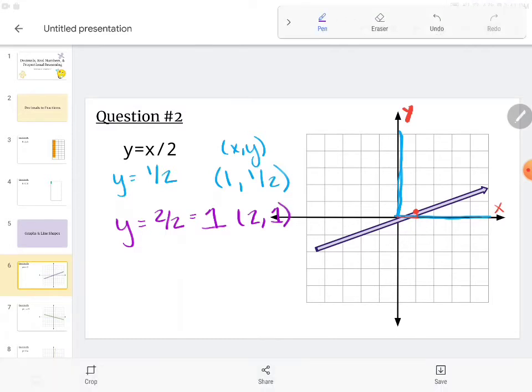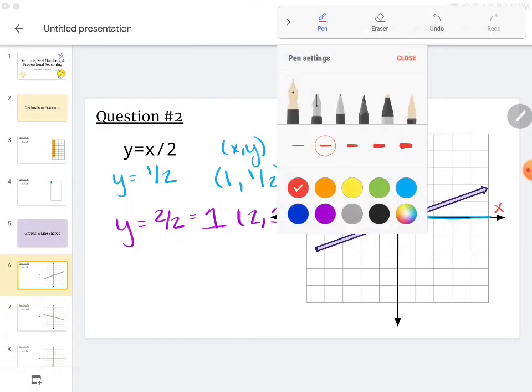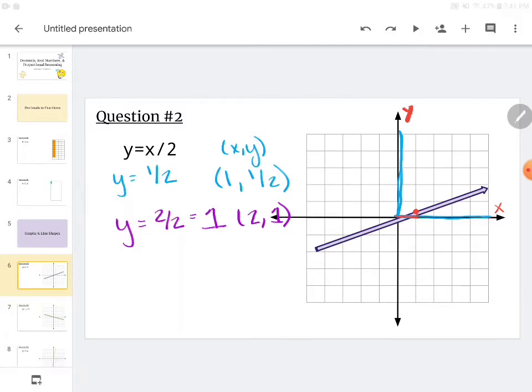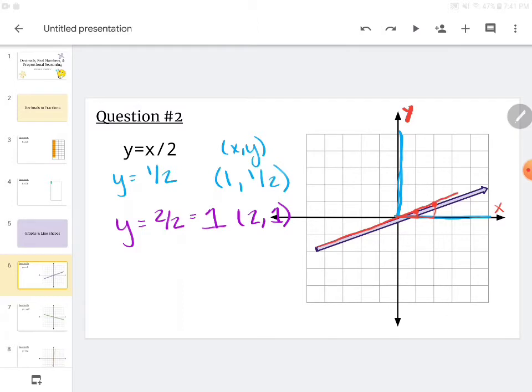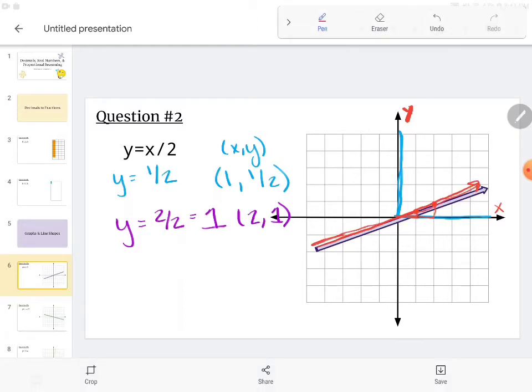So when we go to graph our solution, we're going to go over 2, up 1, and that'll be our point. And if we just keep going and going and going, eventually we'll get this big long line that kind of represents our numbers and how our line will be shaped.